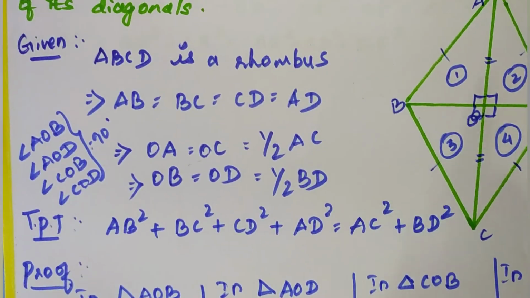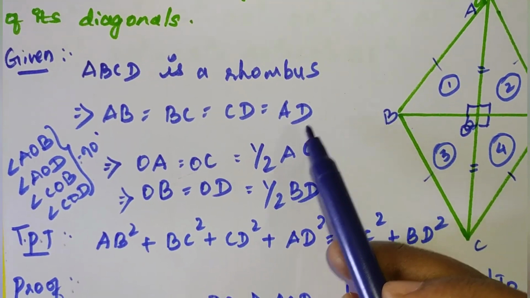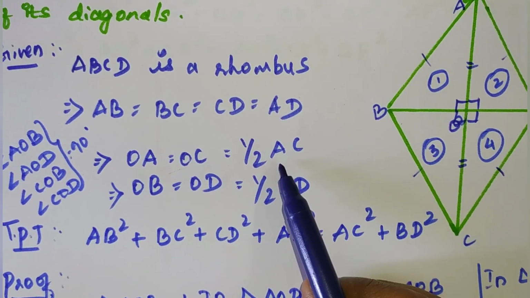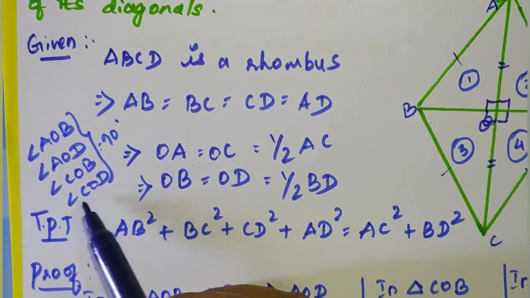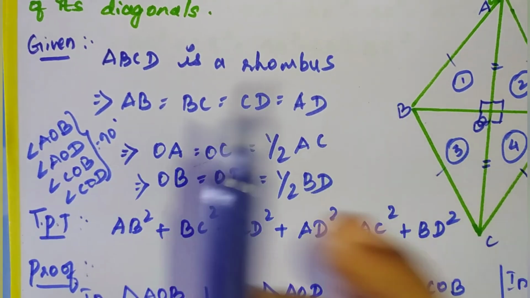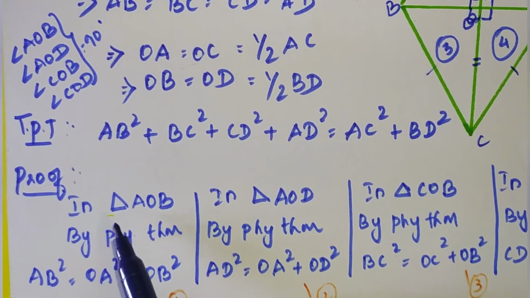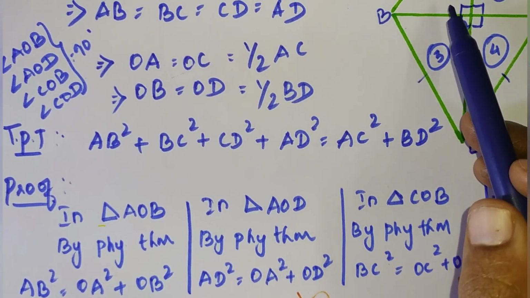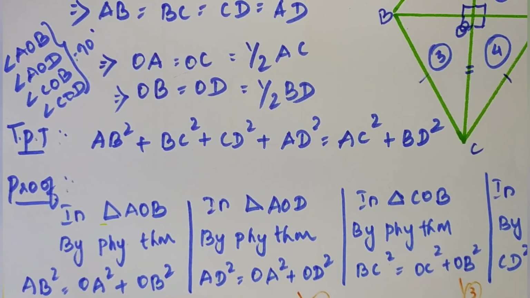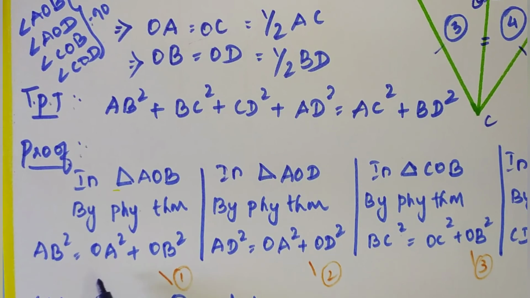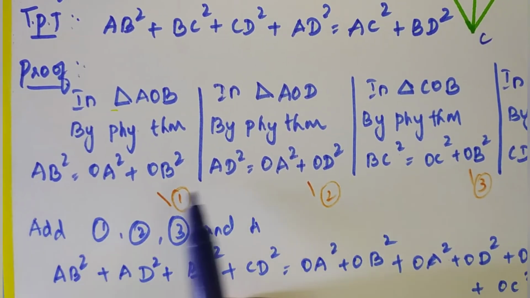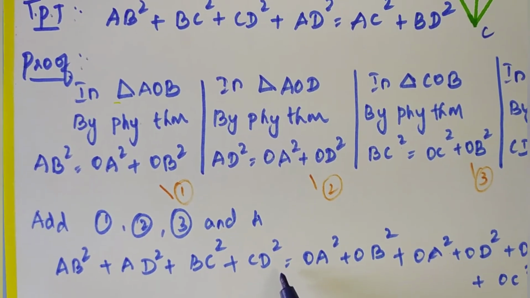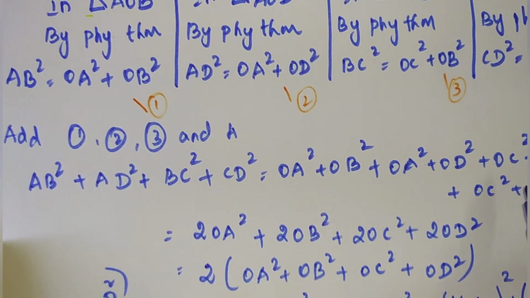Since this is a rhombus, we can tell that all the sides are equal and the diagonals bisect each other, and they bisect each other at 90 degrees. So everything we can take from the given. First we take the first triangle, and by Pythagoras theorem we can write that AB square is equal to OA square plus OB square, and add everything, first the left hand side and then the right hand side.